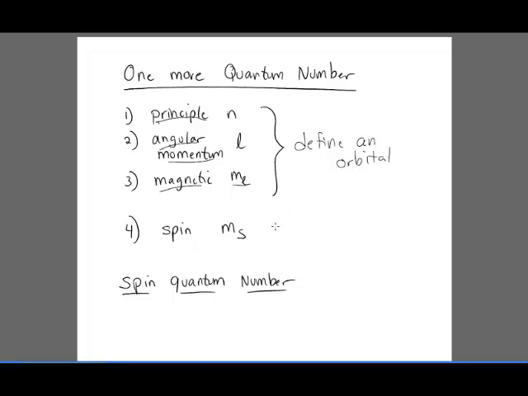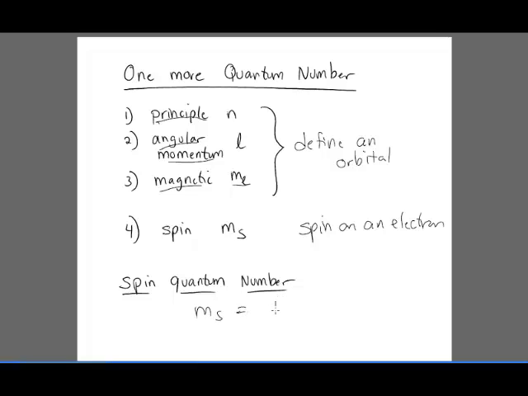Okay, but there's one final quantum number, which is the spin on the electron. And that is m sub s for spin. Okay, so there's a spin quantum number, and remember that n, l, and m sub l were always integers, whereas the spin quantum number is not an integer. Okay, m sub s can have one of two values.